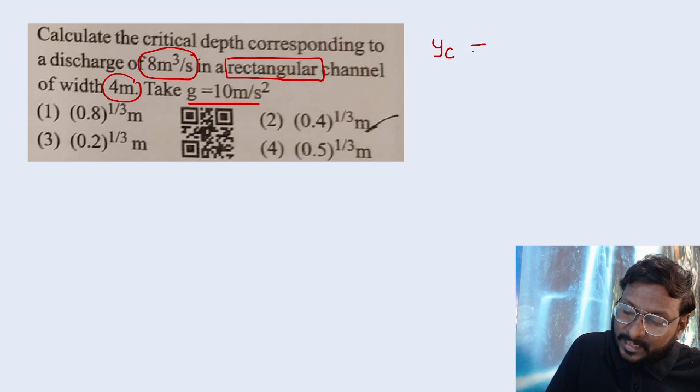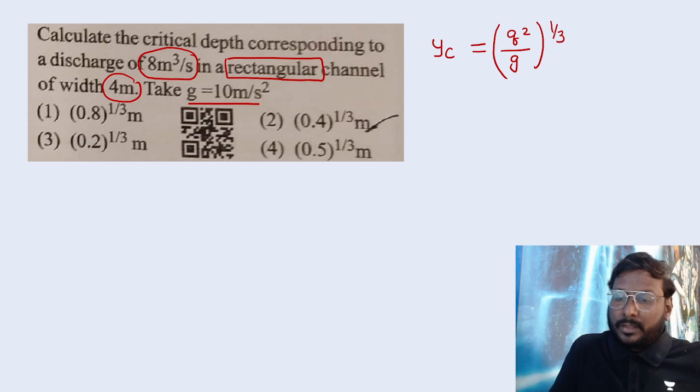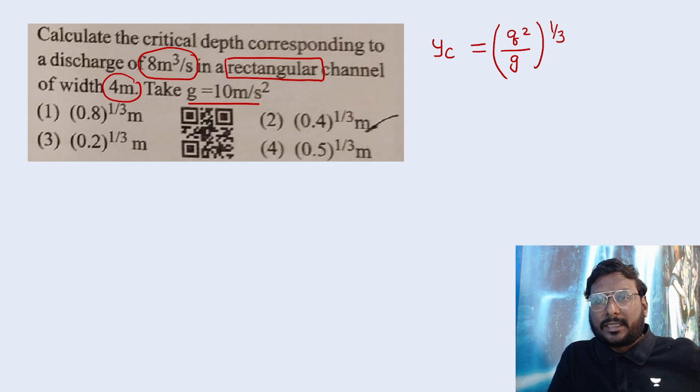YC for a rectangular channel is q square by g, whole power 1 by 3.